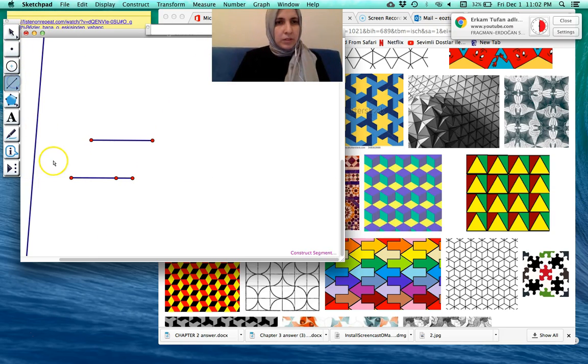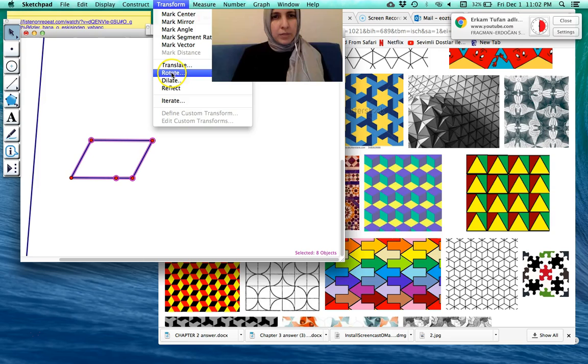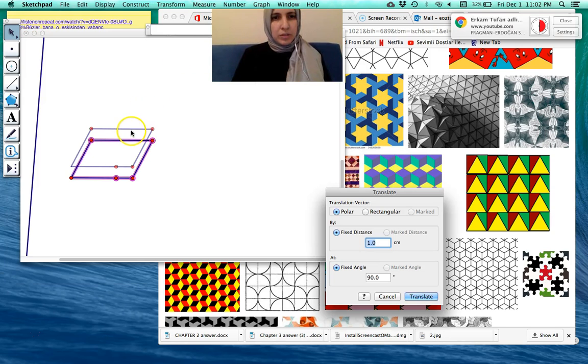Anyway, still it's certain to make it parallel. Yes, this is a parallelogram. And what about the tessellation? I did translate.